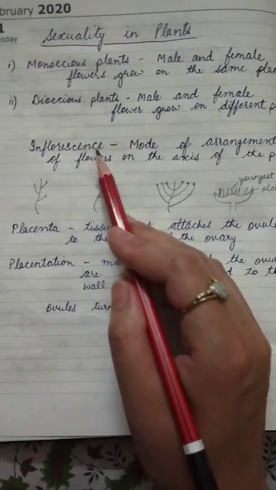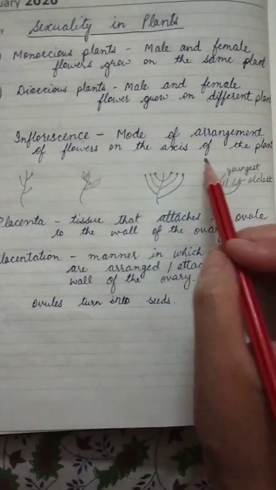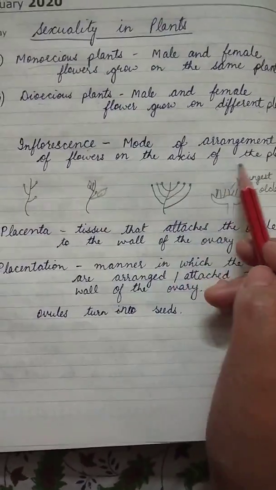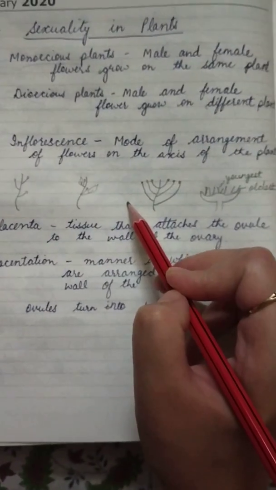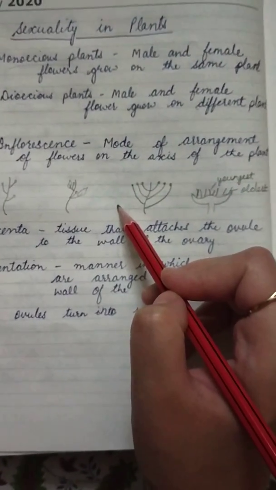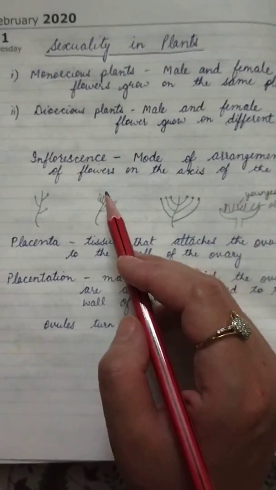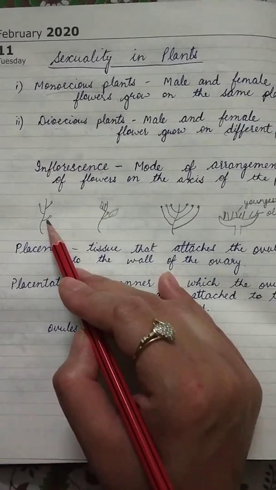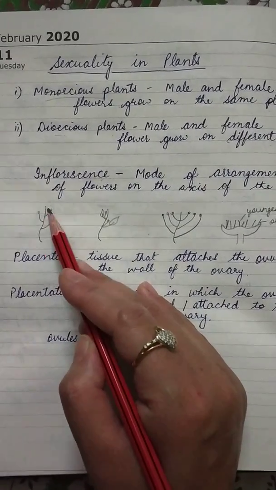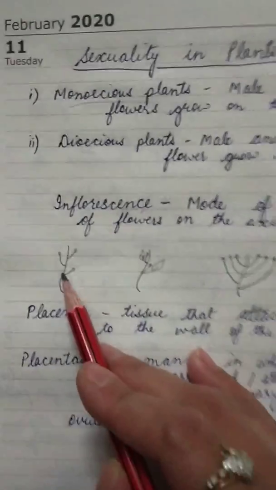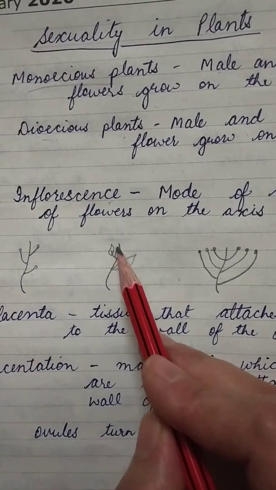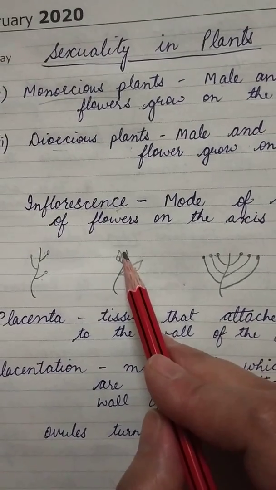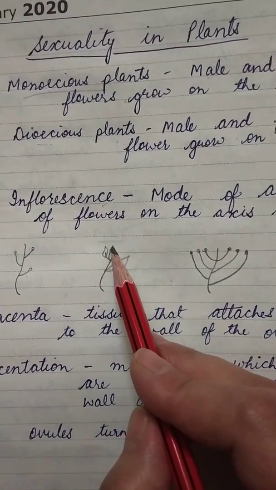Now inflorescence. Inflorescence means the mode of arrangement of flowers on the axis of the plant, how the flowers are arranged. The flowers can be arranged next to each other like this. It can be on the axis of the leaves, which is another type of arrangement.